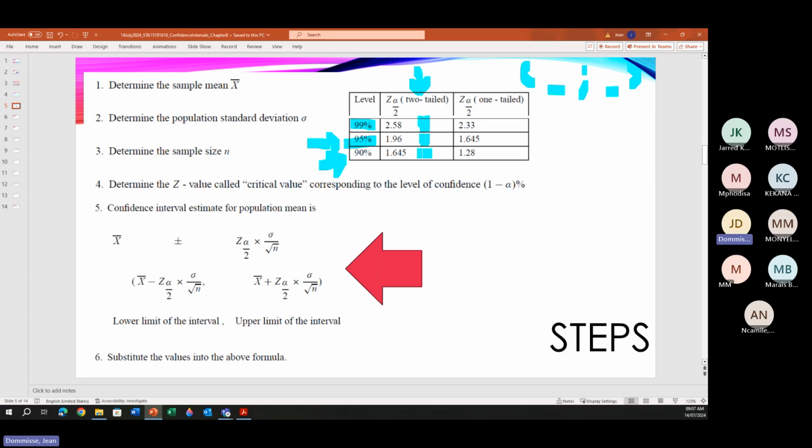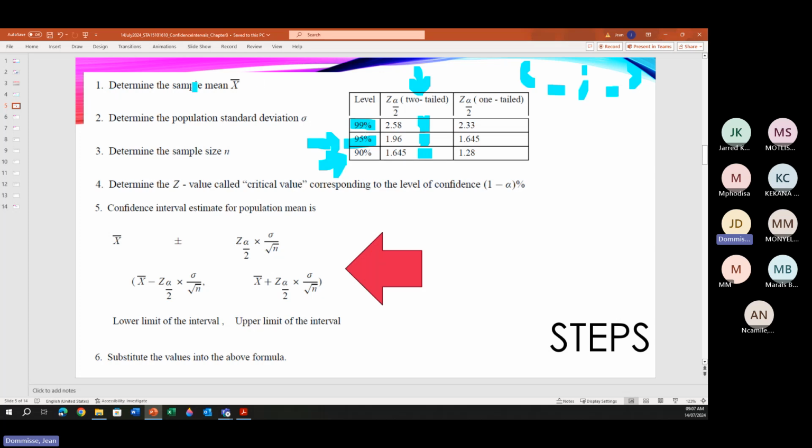Then a nice basic thing to remember around the steps of this chapter. There's a few things that you will get to work out the answers.